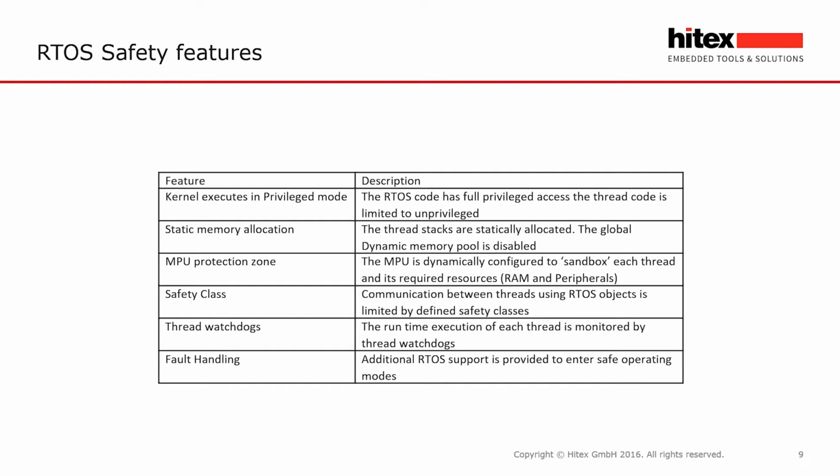We can extend that with safety classes to make sure that we're not misusing RTOS objects like mail queues and event flags, which would allow us to bypass some of the memory protection zone. But again, we'll discuss this in a little bit.